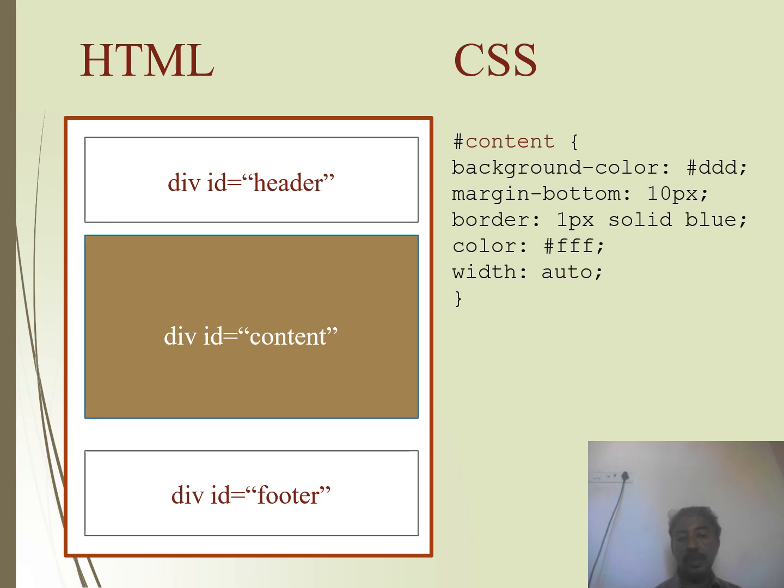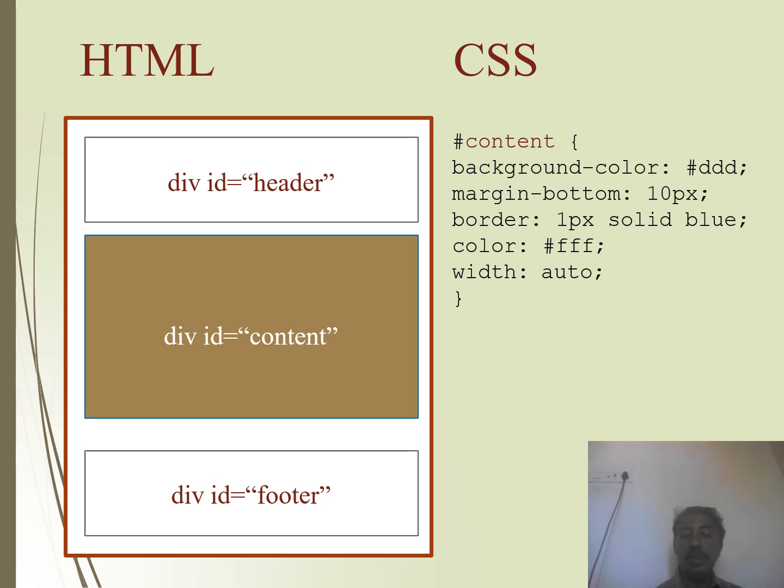This is the simple program based on the sample we showed: margin bottom colon 10px semicolon, then border colon 1px solid blue, then color as below, then width.